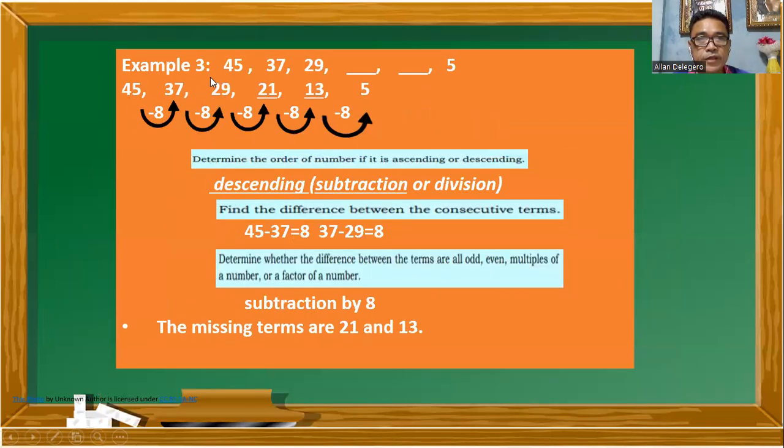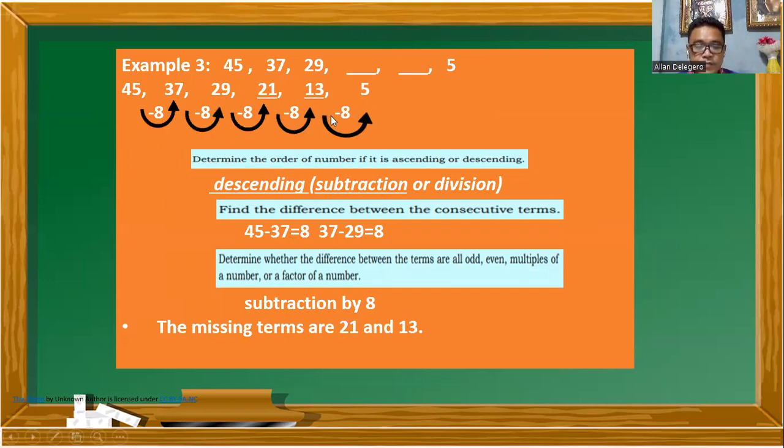Example number 3. 45, 37, 29, blank, blank, then 5. So the numbers are arranged in decreasing order.